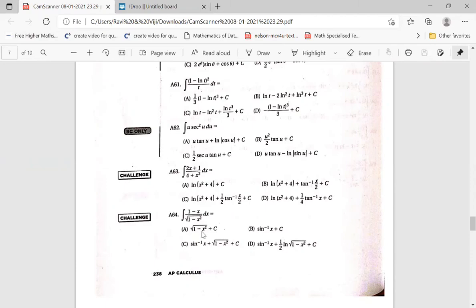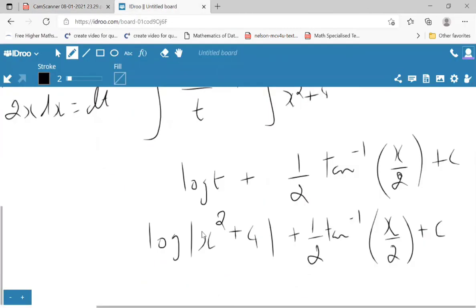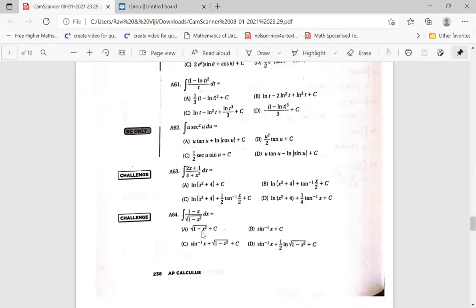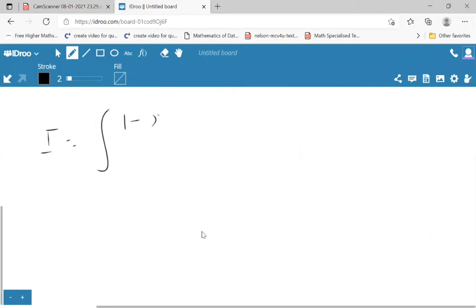Going to the 64th, integration of 1 minus x by root of 1 minus x squared. Let I be equal to integration of 1 minus x by root of 1 minus x squared dx.